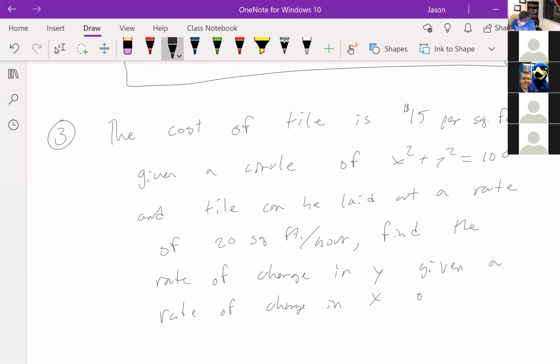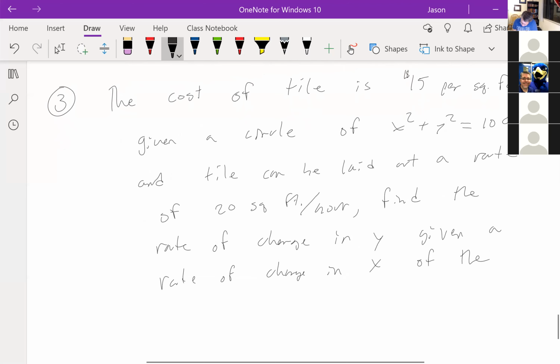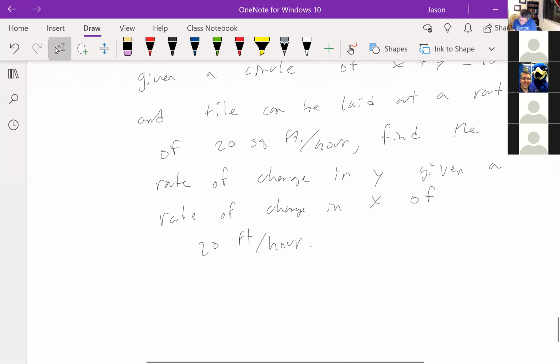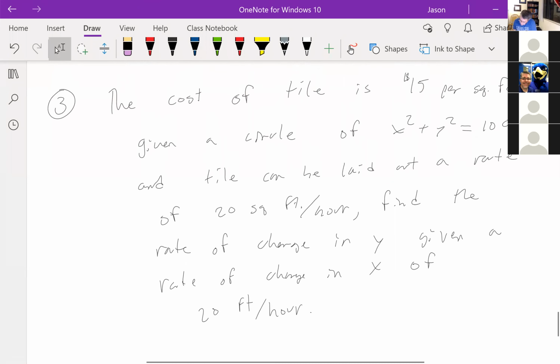We'll just say 20 feet per hour. Okay, given a rate of change in x of 20 feet, no, not square feet, per hour.